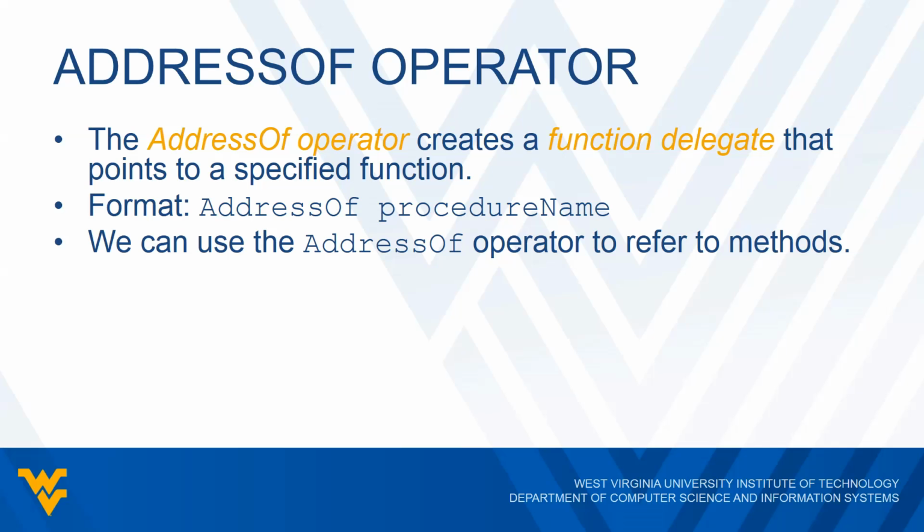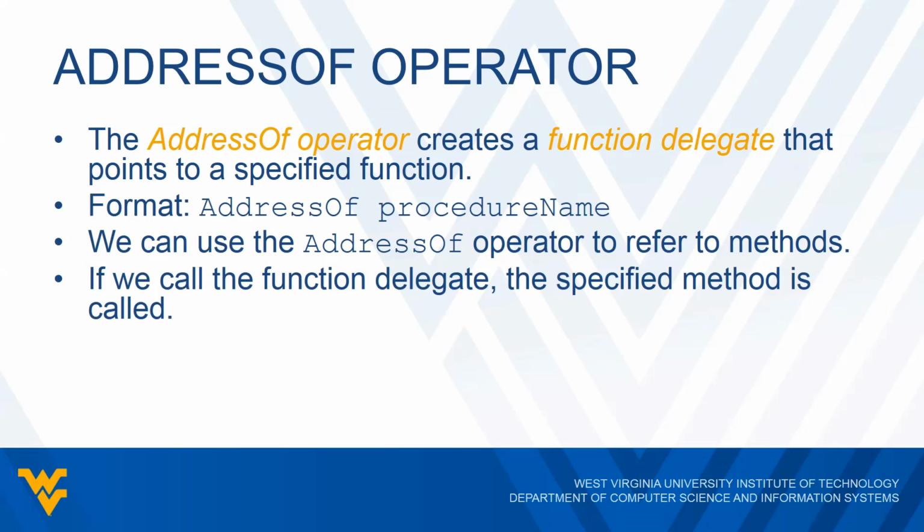And the idea with this is if we do end up calling that function delegate, it actually calls the specified method. You might be thinking, why even use that? Can't we just use the method directly? And what we will see is when trying to use functions as arguments, we can't. But we can use delegates of functions. So that's where this comes in handy.